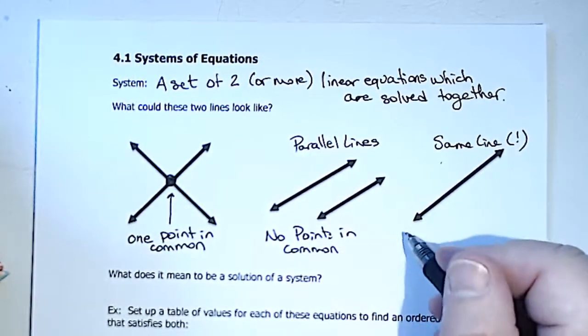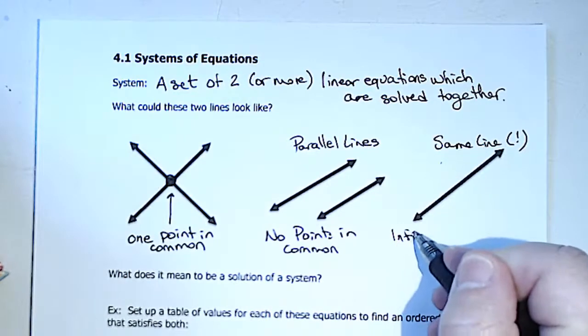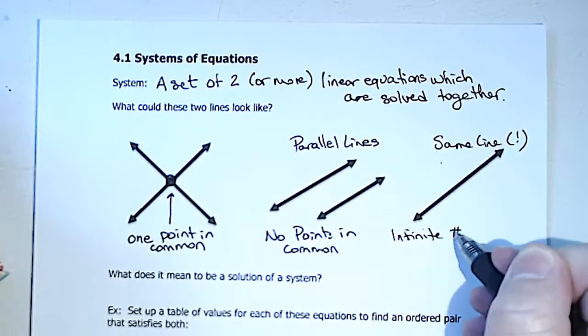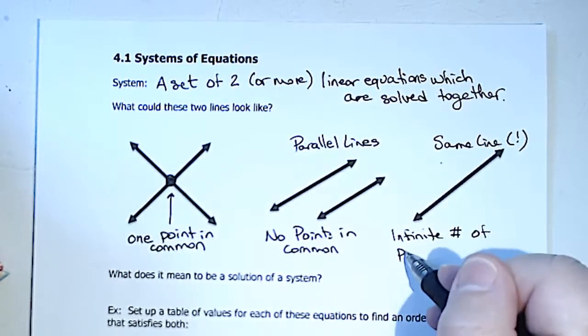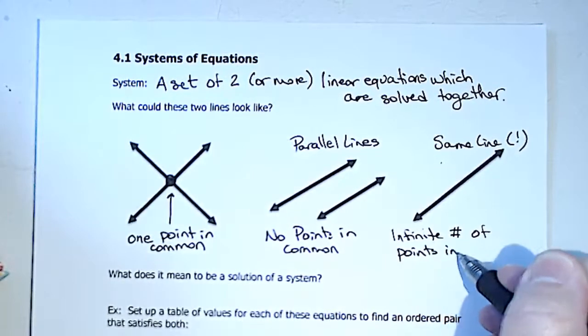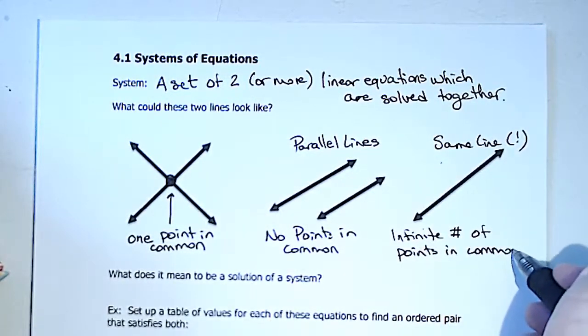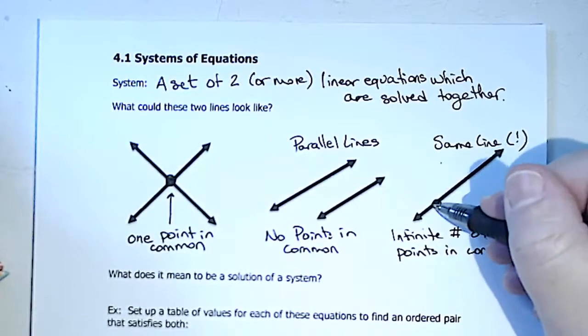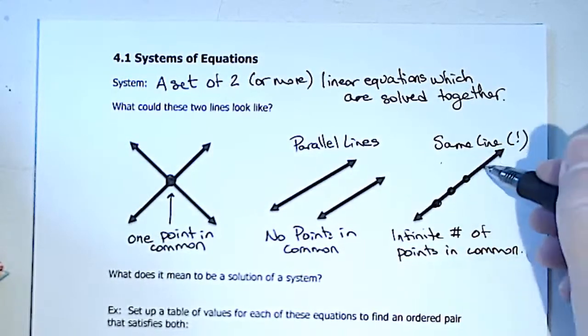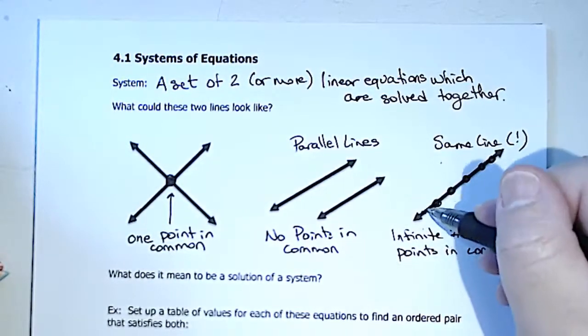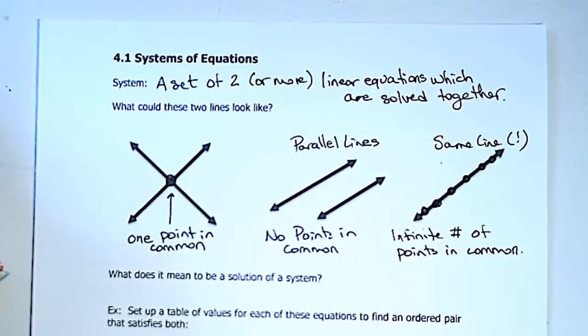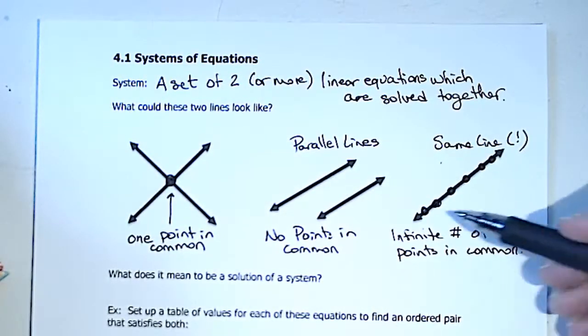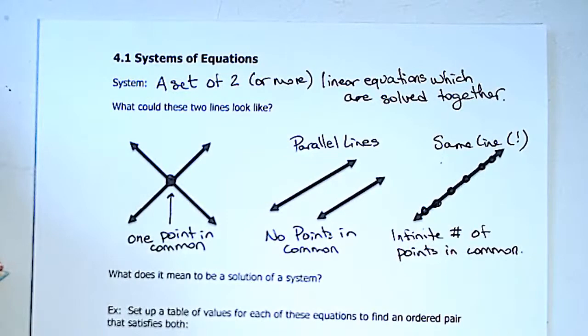And so here we have an infinite number of points in common. So I got a point there, point there. Any point that's on this one line is a point on both lines because they're the same line. So there are an infinite number of those.